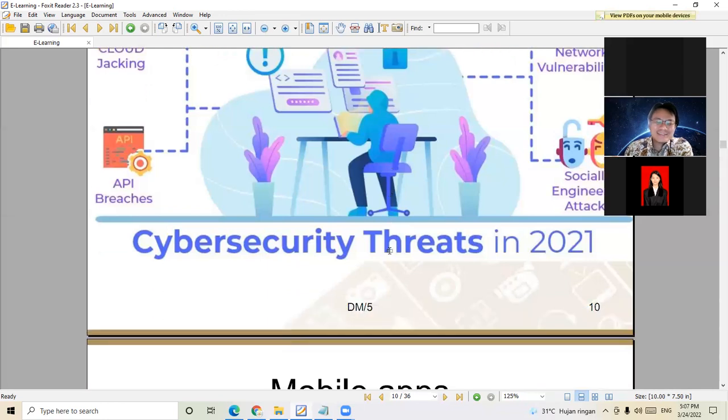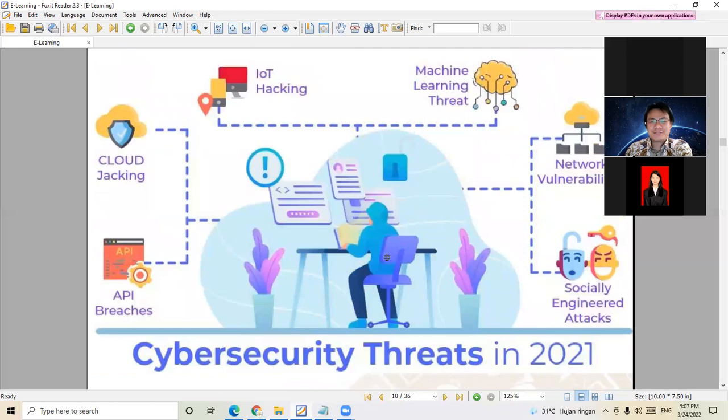And those are the threats that digital marketers should also be aware of. Everything in digital marketing, as the name suggests, is digital. We use a lot of technologies, and since we use a lot of technologies, we also have to be concerned about the security of the technologies.